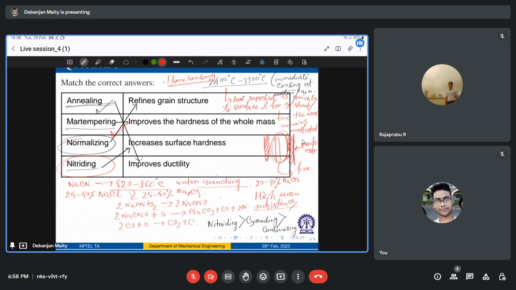For induction hardening specifically, the component should contain some 0.4 to 0.5% carbon or sufficient alloying elements like nickel, chromium, or molybdenum, whatever alloying elements you are using. That should be sufficient, or the carbon percentage. Now, you place your workpiece in a helical coil called an inductor, right?